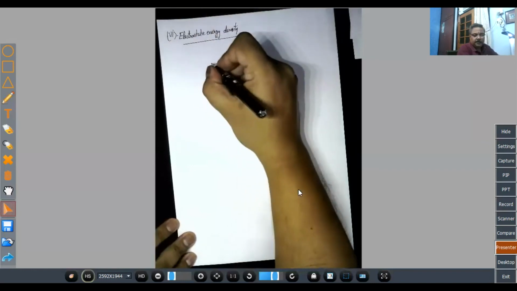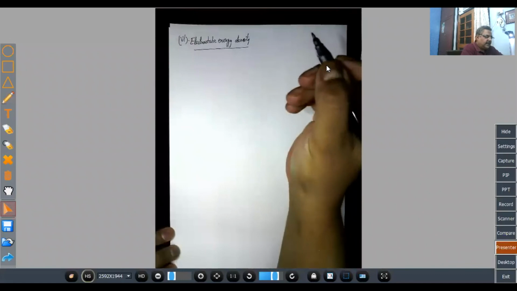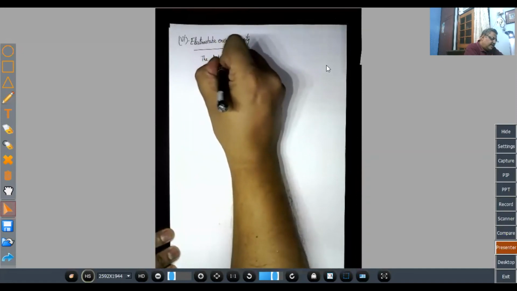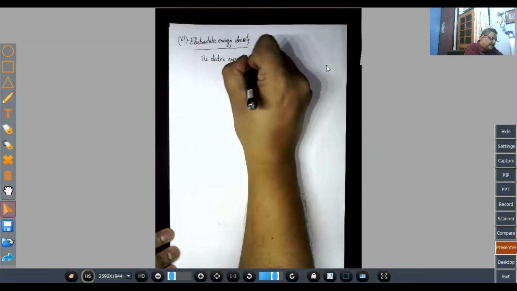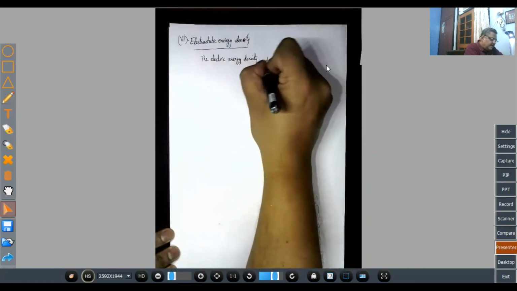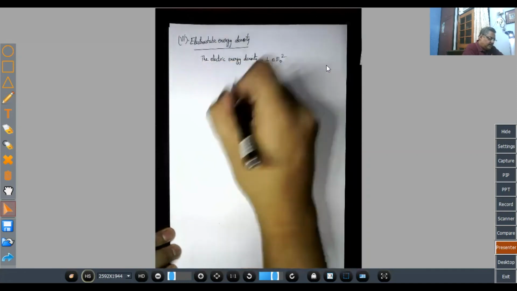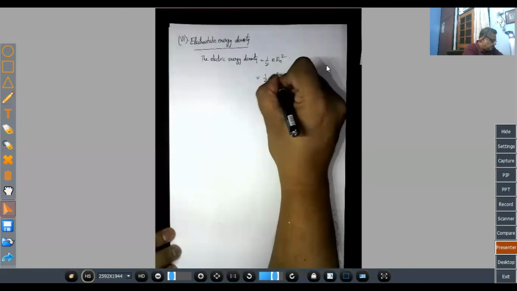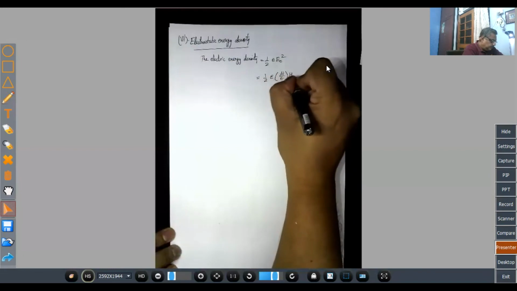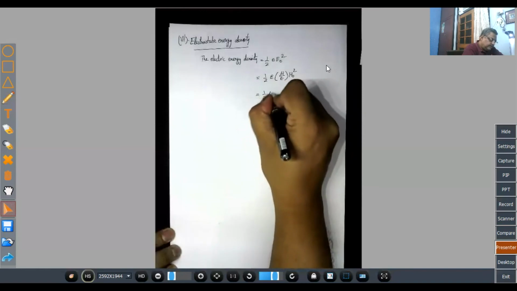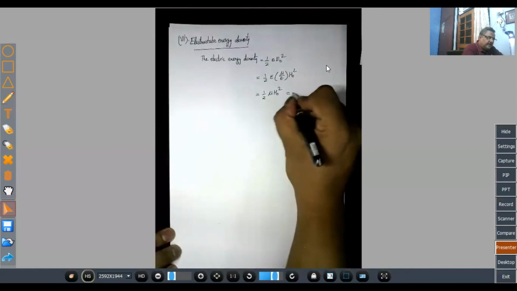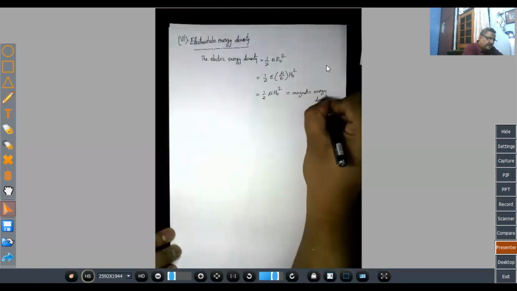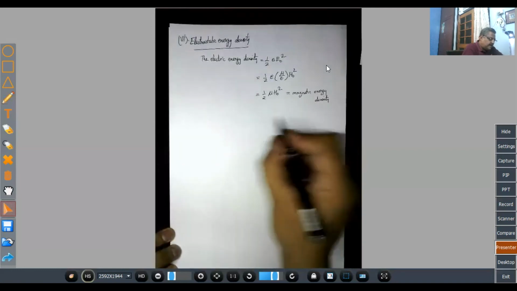Electrostatic energy density. Now we calculate the electrostatic energy density. The electric energy density is given as this. When we convert E into H, the electric energy density is equal to the magnetic energy density.